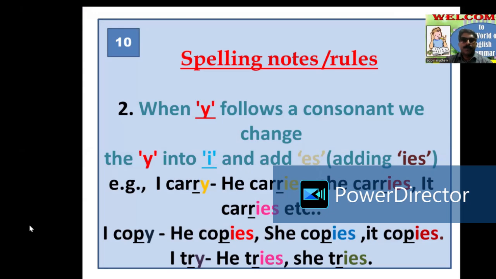Here, when a sentence comes with the verb carry, you can see I carry becomes he carries.